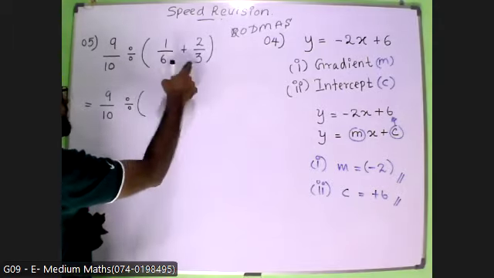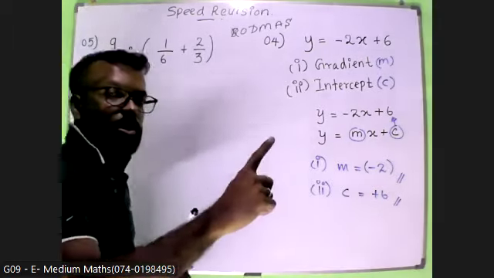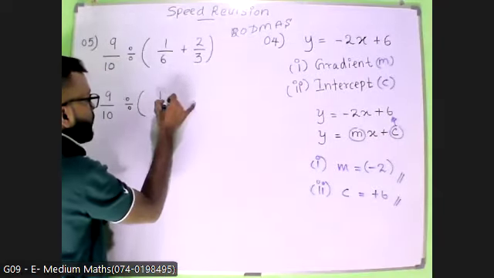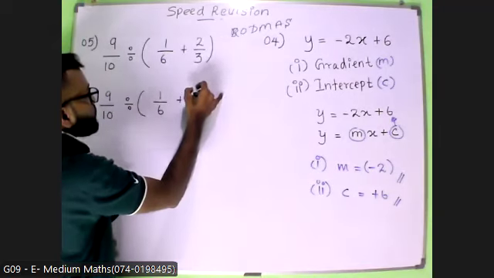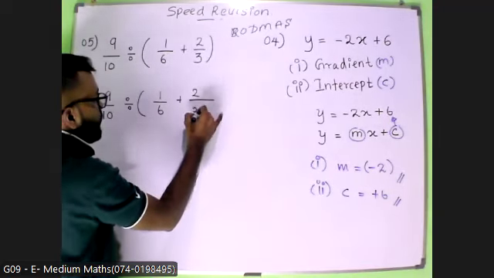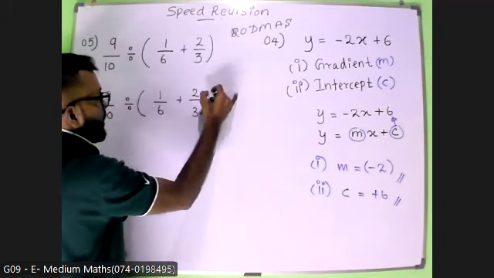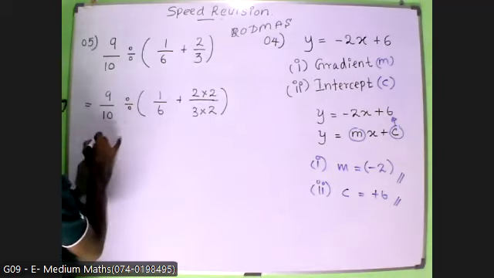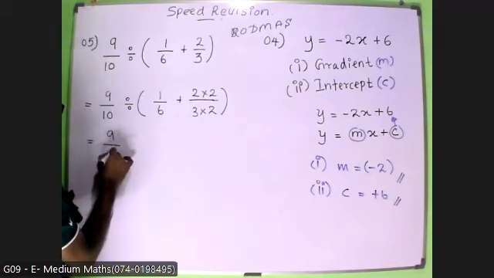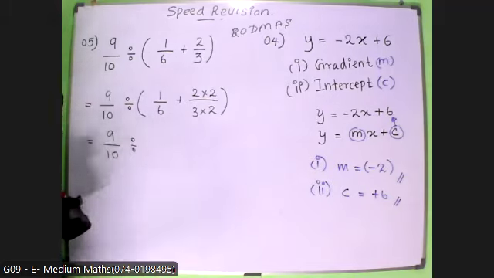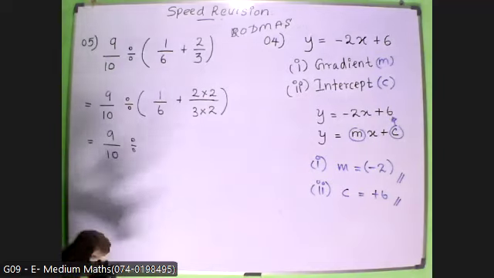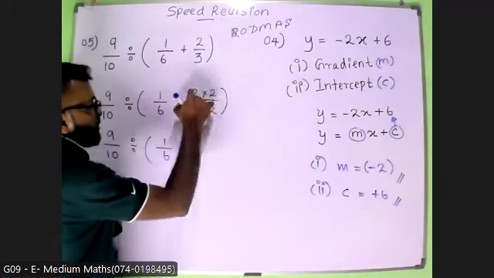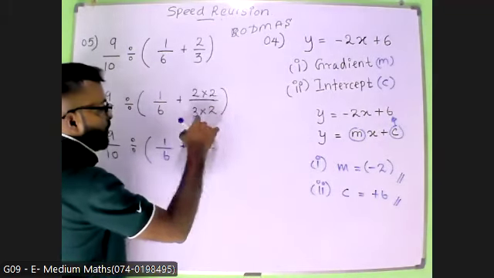So 6 is a multiple of 3. 3 into 2 is 6, so 3 can be easily converted into 6. You need to multiply both numerator and denominator by 2 in order to make sure that you have equal denominators. 9 upon 10 divided by 1 upon 6 plus here 2 times 2 is 4, 2 times 3, 6.